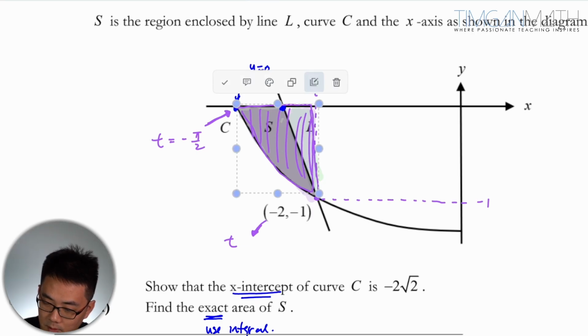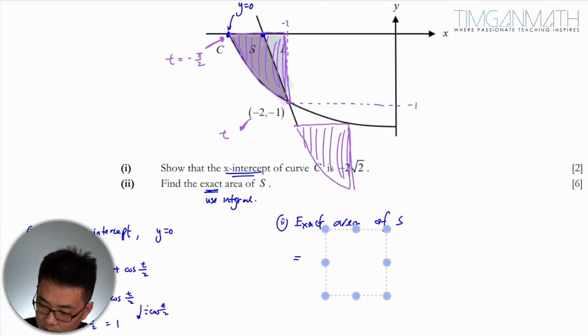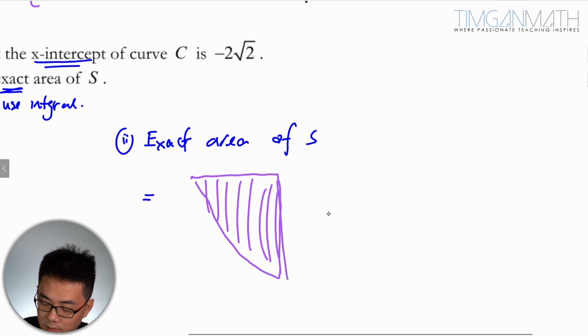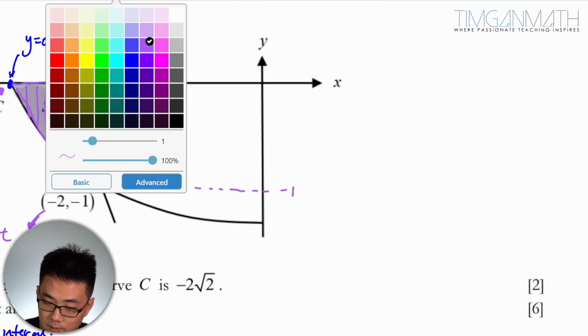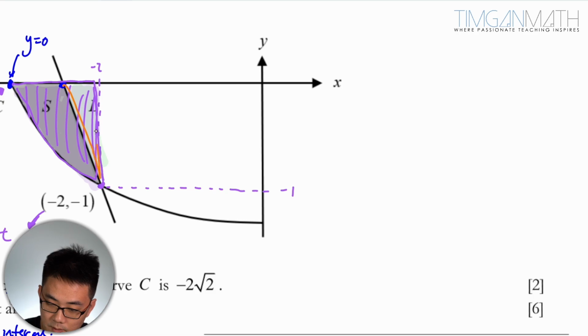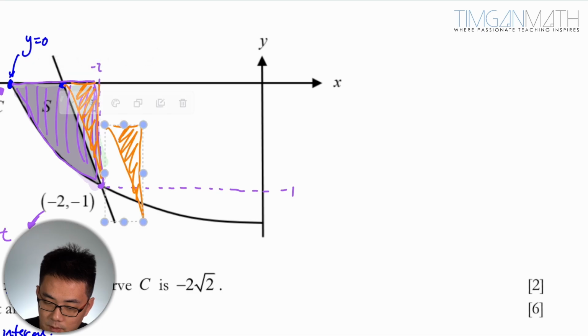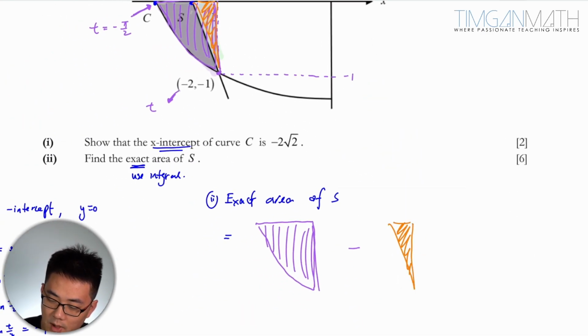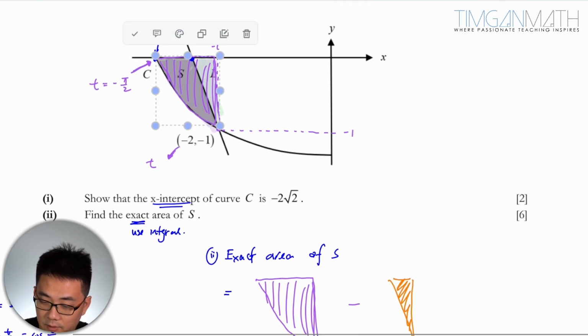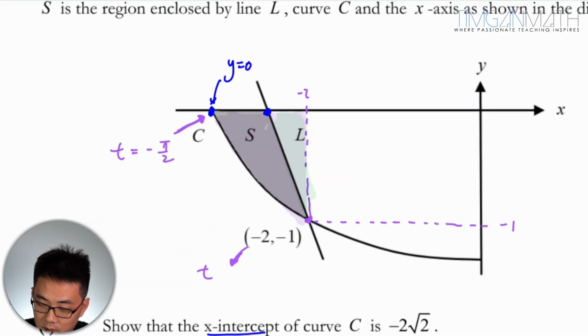This is what we need to find, minus the triangle here. So this case here is like that.